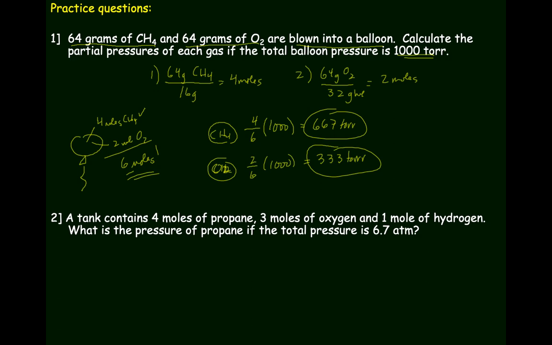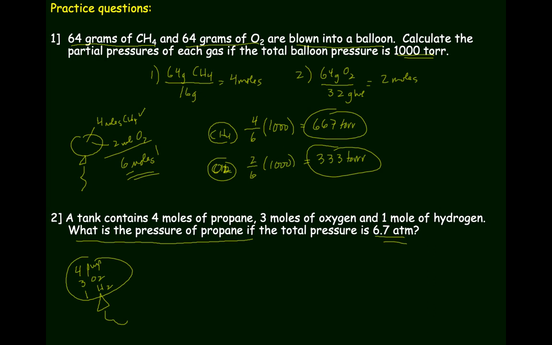All right. One other way you can do this, let's just say you have 4 moles of propane. So here's your balloon. We have 4 moles of propane, 3 moles of O2, and 1 mole of H2. We want to know the pressure of propane if the total pressure is 6.7.